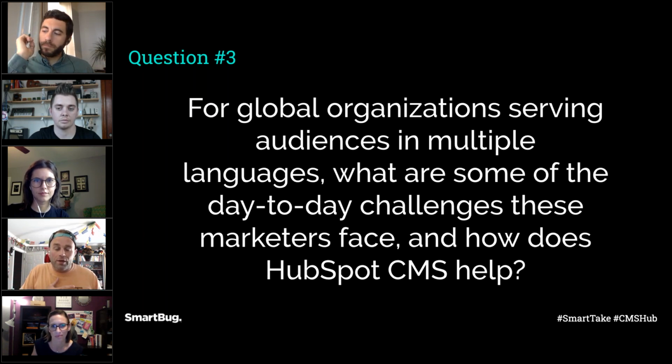Along with that, we talked about subdomains and top-level domains. If you have a totally different domain, now in CMS Hub Enterprise, you can add on multiple what we call brand domains. Previously, that was reserved for just Marketing Hub Enterprise, but now in CMS Hub Enterprise, you can add on multiple domains.